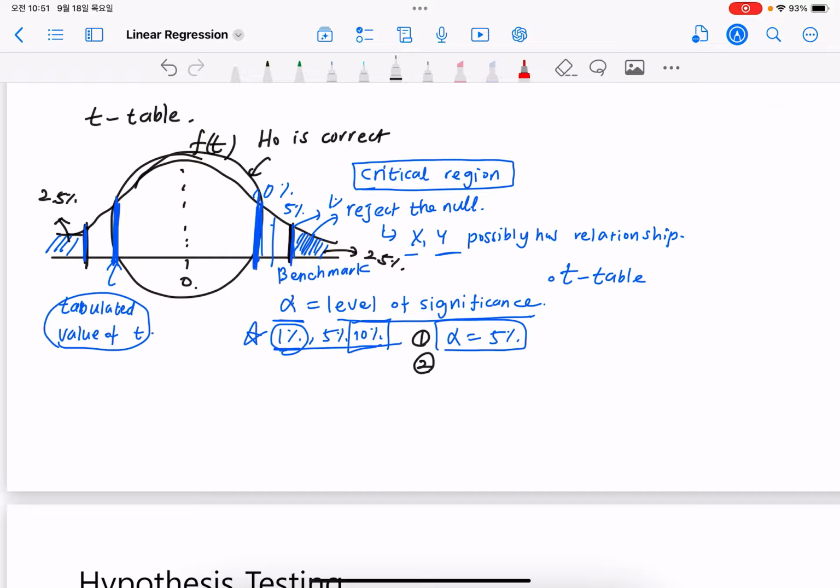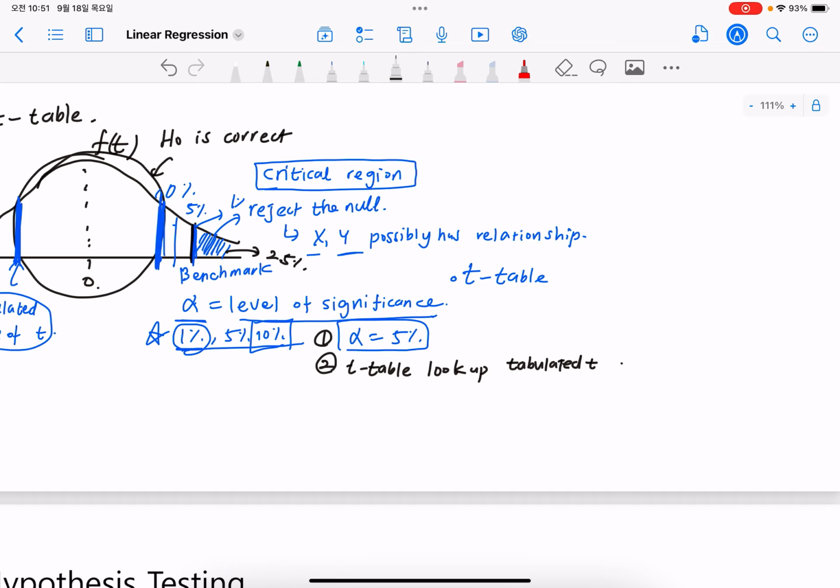So once you set up, you go to the T distribution table, and look up what is the tabulated T for alpha being, when the significance level is 0.5. So the T table, I cannot show you here, but you can actually look up, and you will see lots of numbers there.